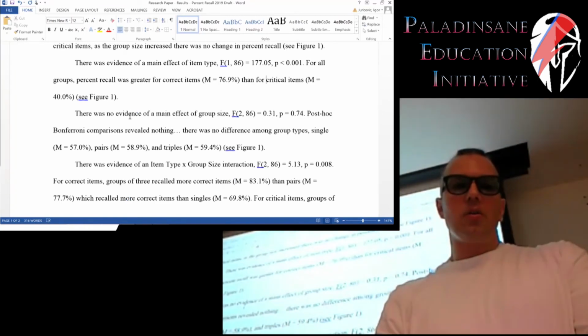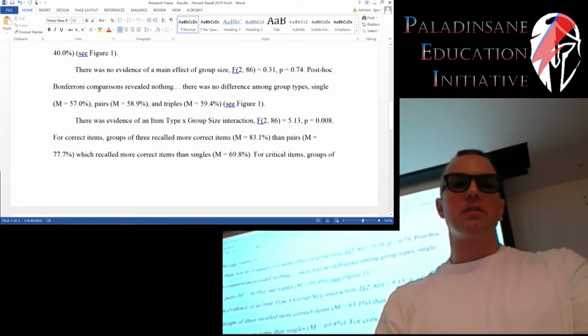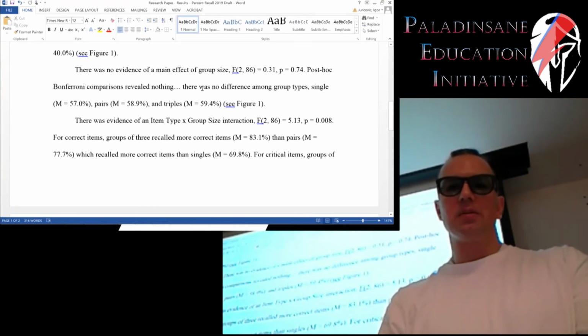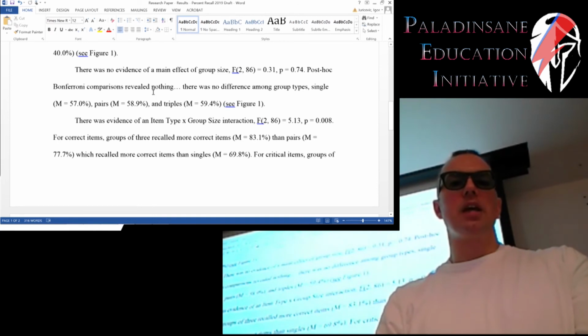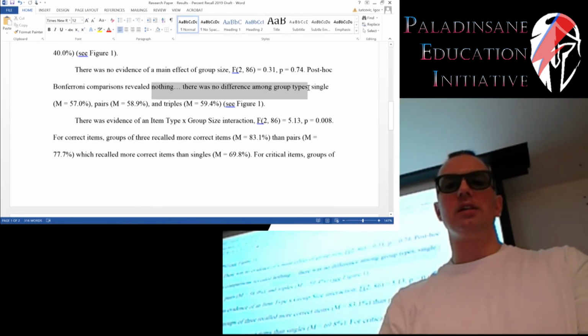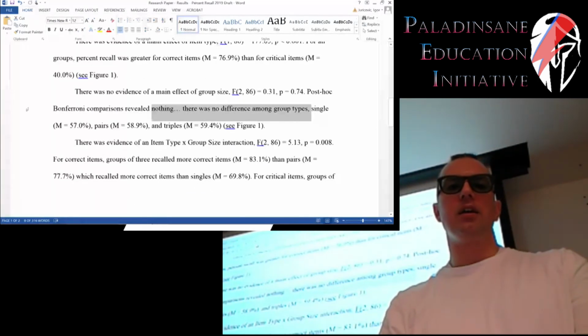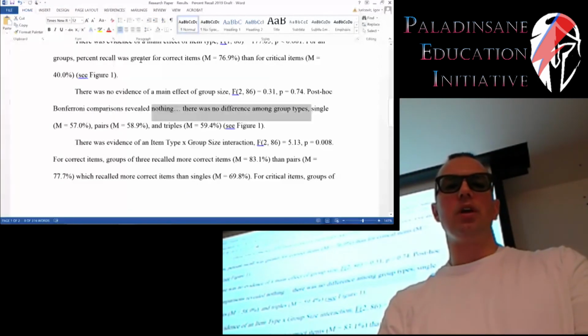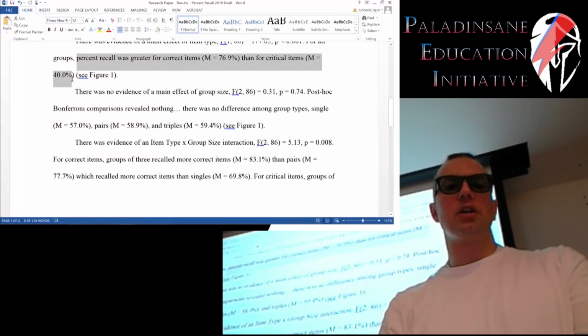All right, so there was no evidence of a main effect of group size. Post hoc Bonferroni comparisons revealed nothing. There was no difference among group types, singles, pairs, and triples. So once again, we need to change this. And what we want to do is use this same sort of structure here.